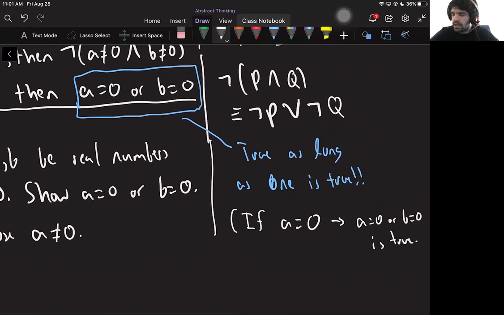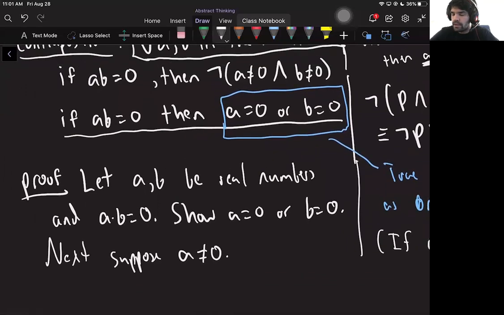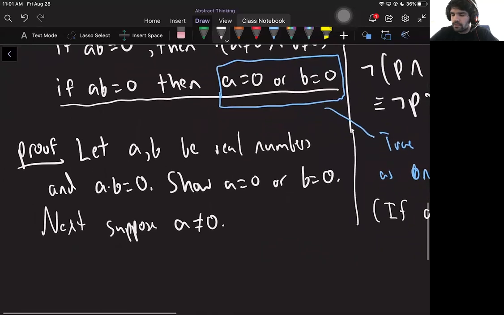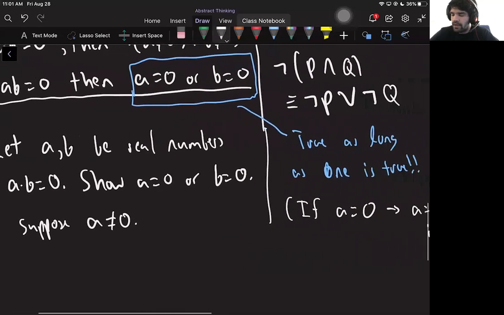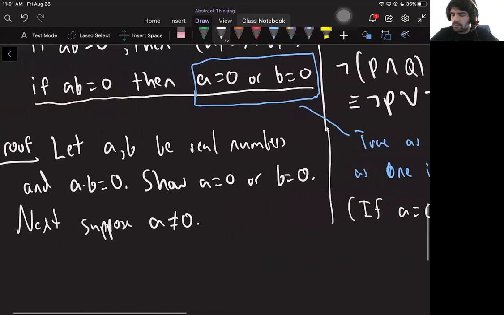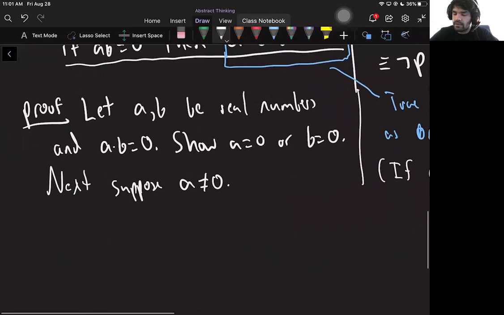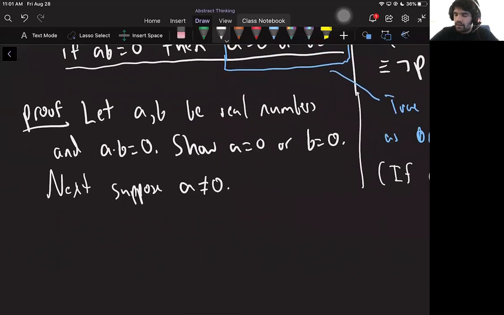So that would mean that the conclusion has been proven, that either a equals 0 or b equals 0. Those are the only two possible situations: a could be 0 or a could not be 0. If a was 0, the proof would be done. So I'm really just seeing what happens if a is not 0 and seeing that things still work out.